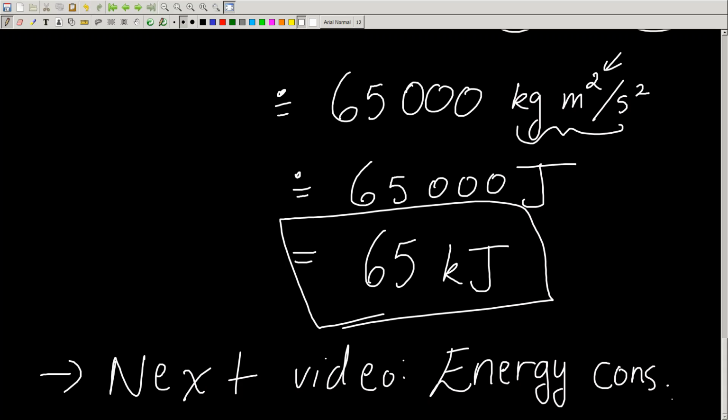So it means the total energy of the system doesn't change. It's the same value. And that just basically borrows from the fact that energy cannot be created nor destroyed in a closed system, meaning in a system that doesn't get interfered by anything else. So in that system you will have energy conservation. The energy doesn't change. So I'm really stoked to talk about that. It's going to be a fun video.